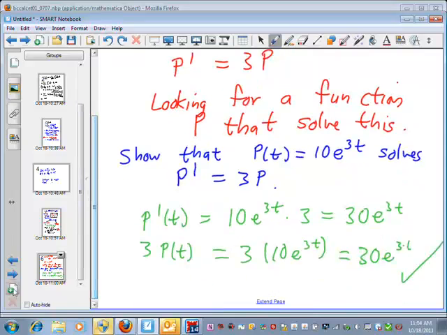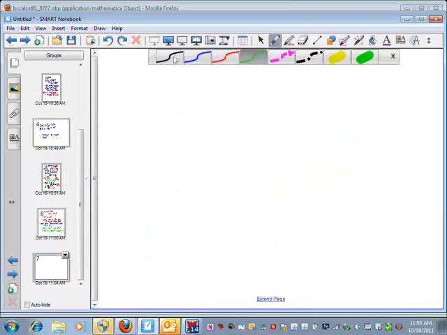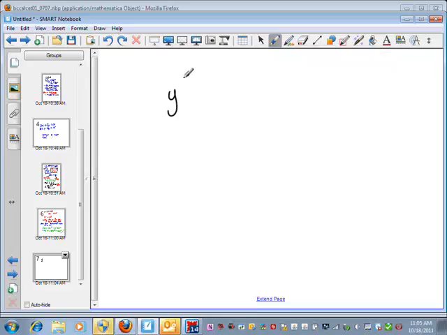Let's do another one. I'm going to use y as the function. How about this one? y double prime plus y is equal to 0.